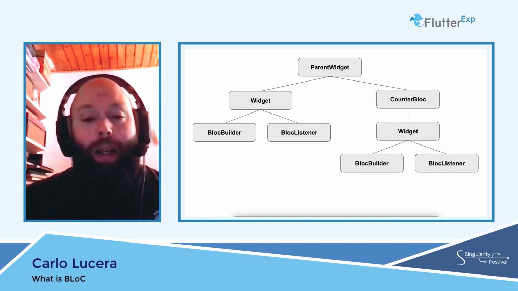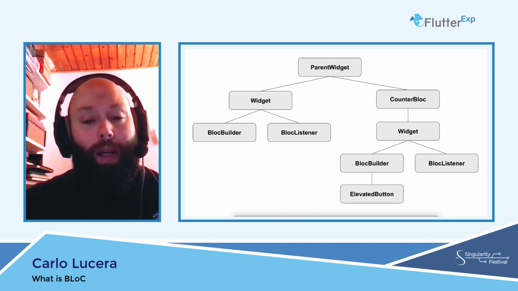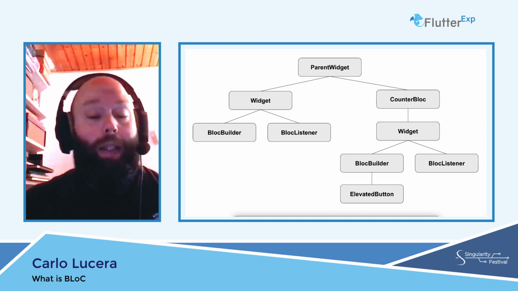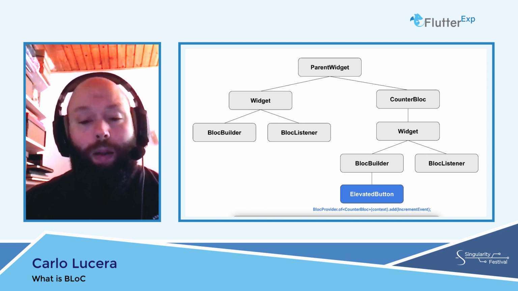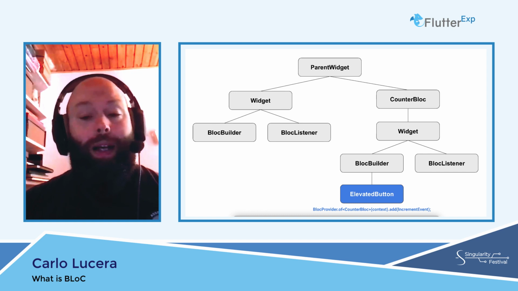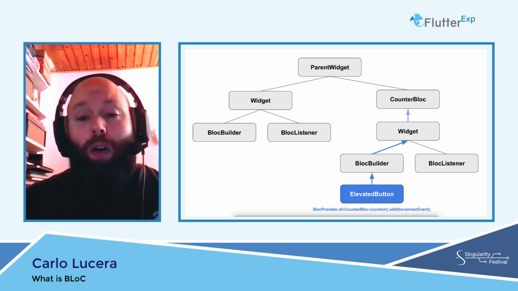And what's happening in our widget tree? We have our elevated button now added to the widget tree. When I press the button, I call the block provider of counter block context and add the increment event. This will go up the tree to the first instance of our block.